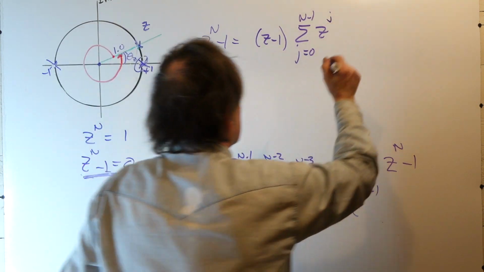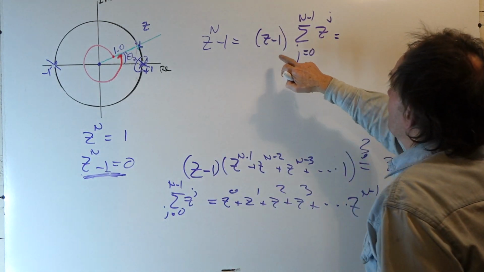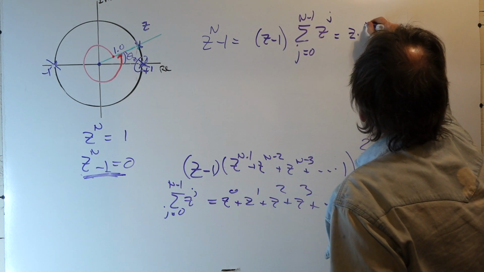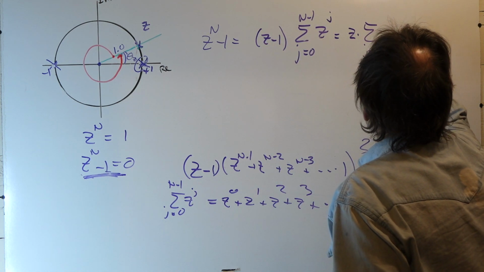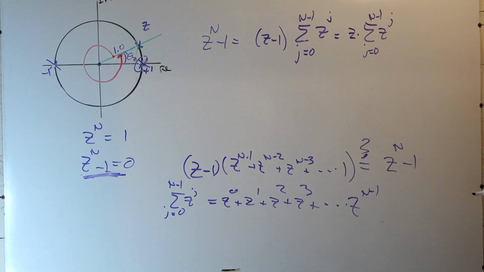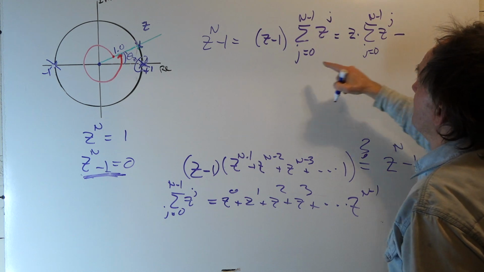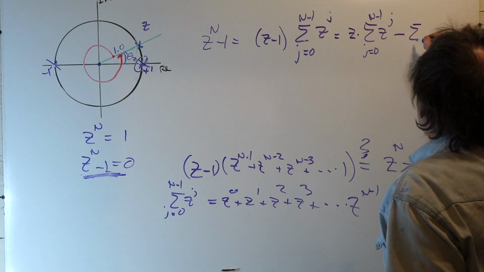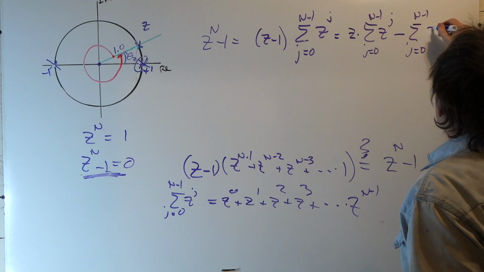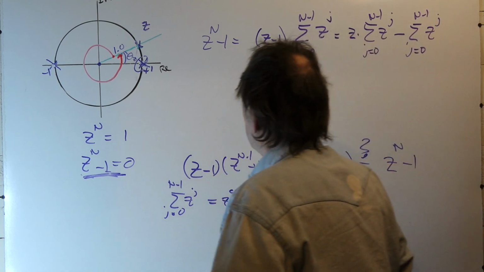Well, let's expand this out. We have z times the sum, j equals 0 to n minus 1 of z to the j, minus 1 times the summation, j equals 0 to n minus 1 of z to the j.